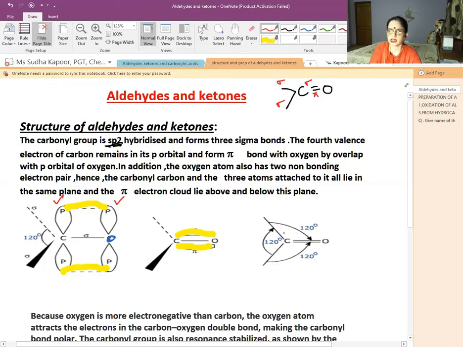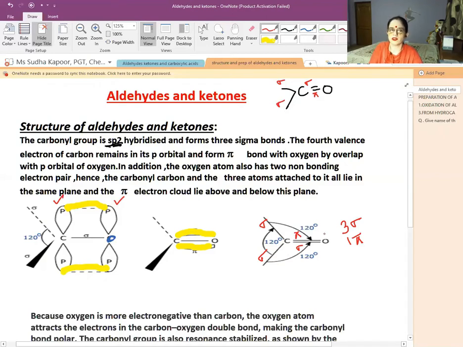So carbon has 3 sigma bonds and 1 pi bond. It is sp2 hybridized, so the bond angle is 120 degrees and the shape is trigonal planar.